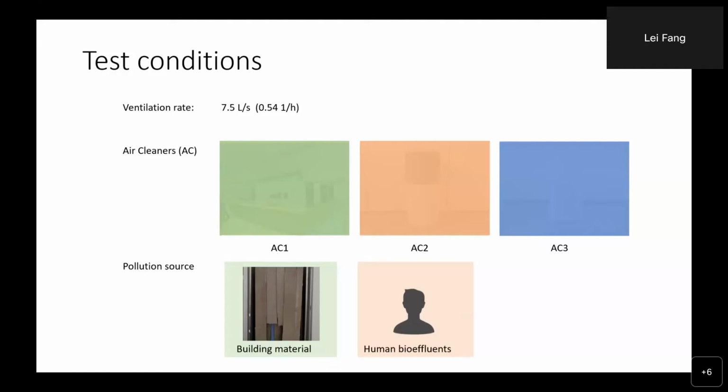The reason to use these 2 kind of pollution source, one is that these 2 pollution sources are the major pollutants occurred indoors, and we can use them to mimic the real chemicals in the indoor environment, because this is combined with many chemicals, maybe hundreds of chemicals.